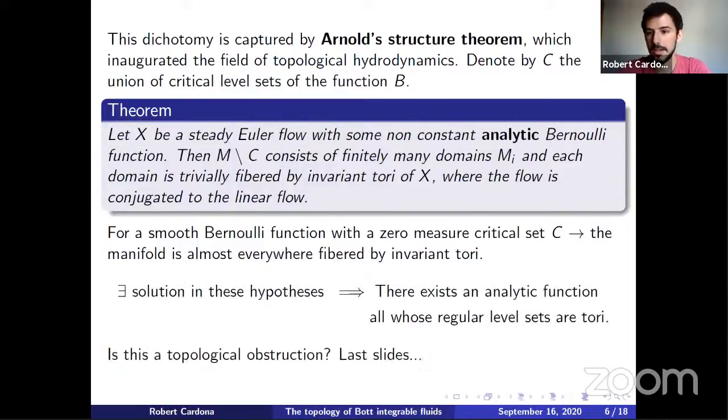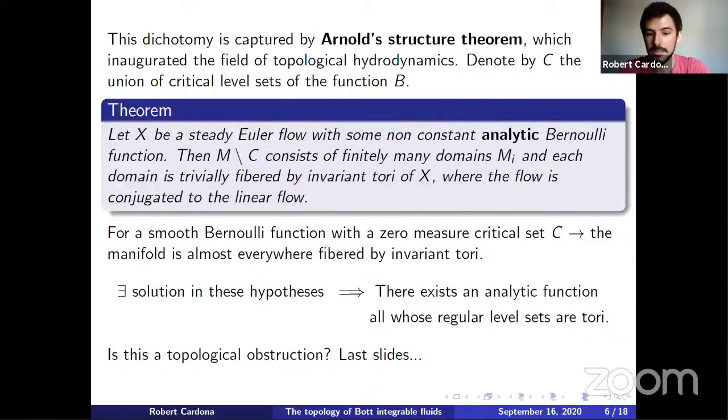One question that arises from here, and that actually I found in a course given by Daniel Peralta-Salas, who is a collaborator, is that, well, if there is a solution in this hypothesis, something that is automatically implied is that there is an analytic function, all whose regular level sets are tori, because from the theorem it follows that these invariant tori are the level sets of the Bernoulli function, which is an integral of the vector field.